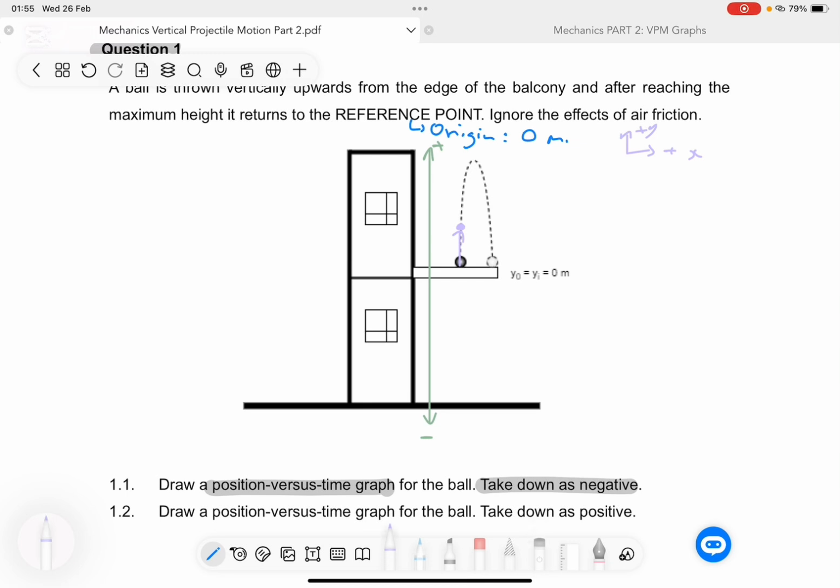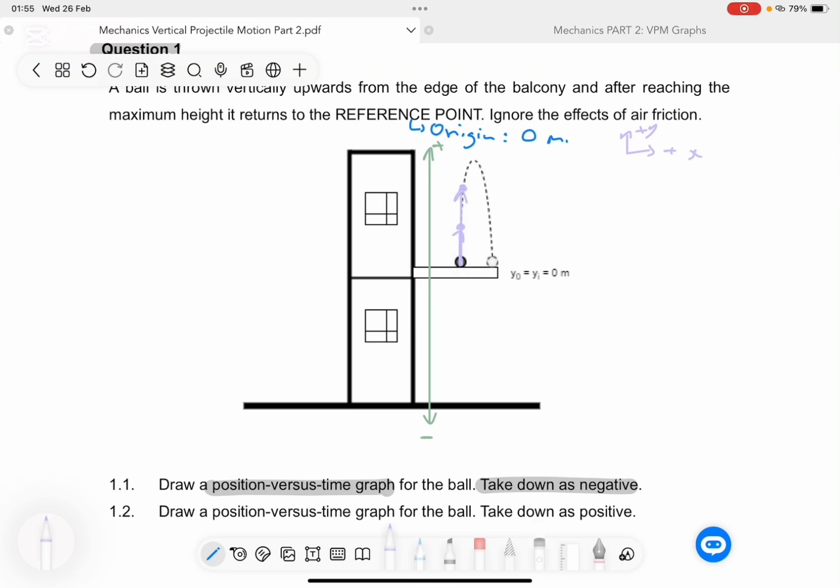Because the ball is moving upwards, it will go to a much higher position or height. We draw this as a vector measured from the origin, the reference point, the zero position, going to that height. So our position is now here.